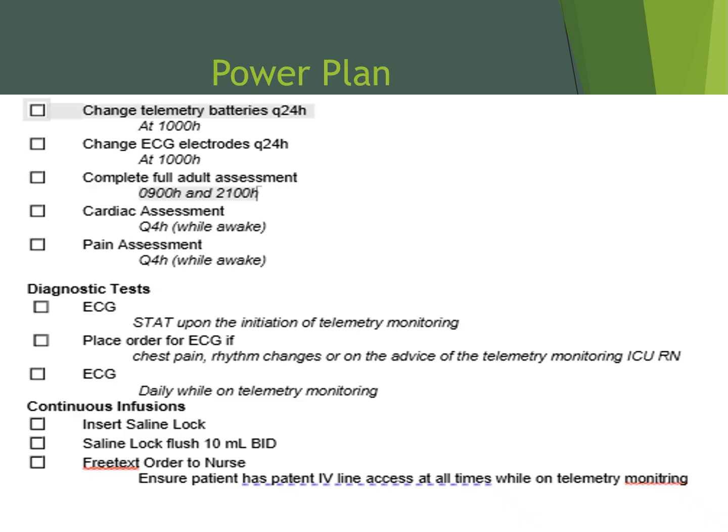In regards to continuous infusions, the order will be pre-ticked to insert a saline lock, to maintain that saline lock as per policy, and to remind the nurse to ensure that the patient has patent IV access at all times while on telemetry monitoring.